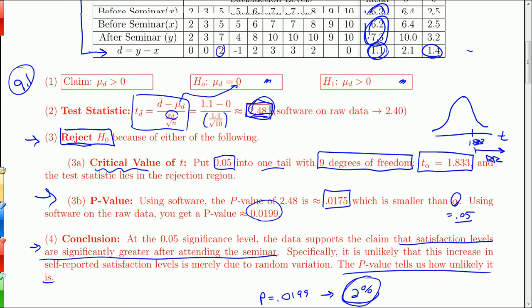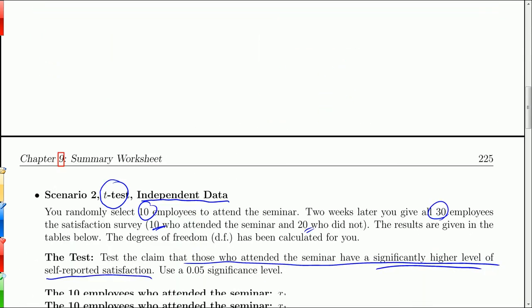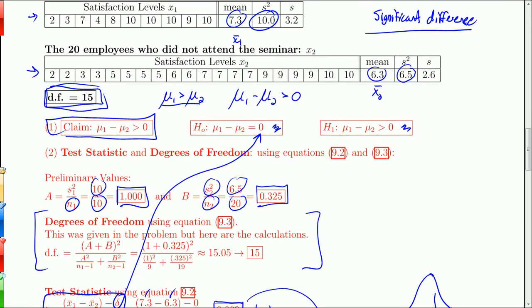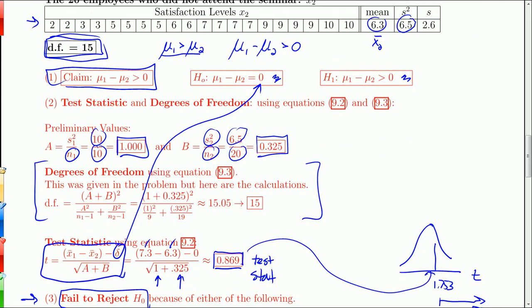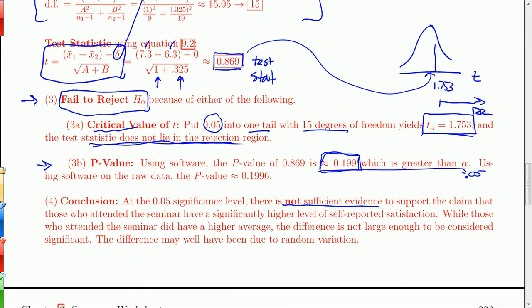But that's because this was paired data. There's not as much variation. When you take very similar data and have a difference 7.3 versus 6.3, the data is not paired, so there's more variation in the data. And so it takes a greater difference to be significant. So when we had the independent data, we actually did not have sufficient evidence to support the claim.